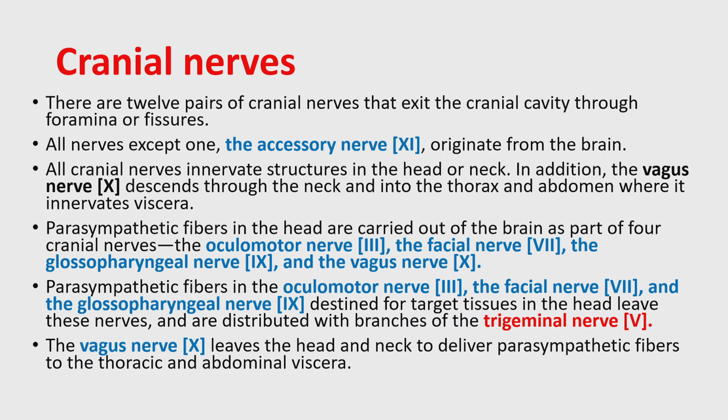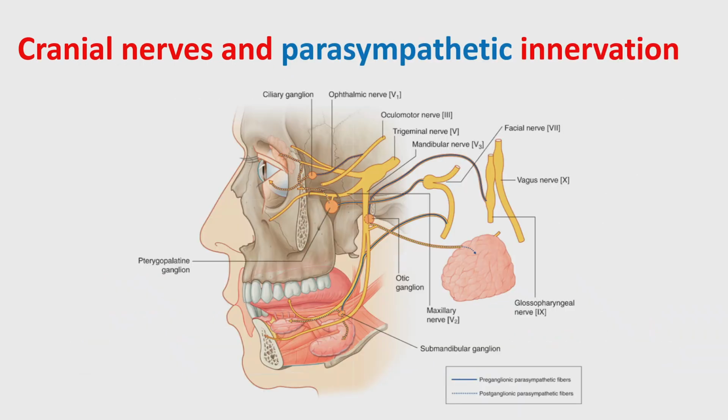This is a very interesting picture that will be helpful for your next semester as well. These 4 cranial nerves, number 3 oculomotor, 7 facial, the glossopharyngeal nerve, and the vagus nerve, contain the parasympathetic fiber.